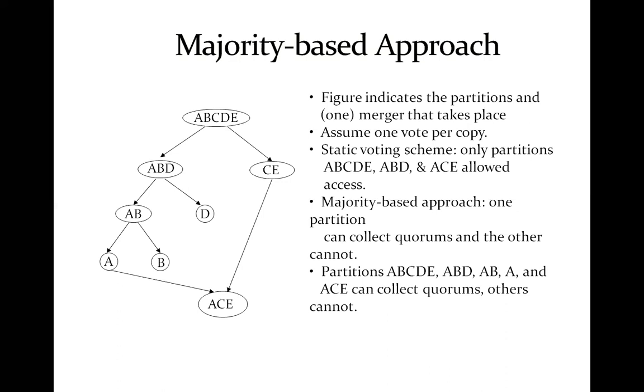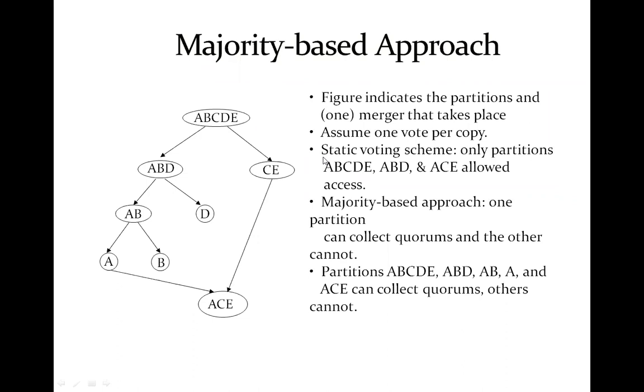Now the initial single partition is fragmented into two parts, A, B, D and C, E. Later on, D is isolated from A, B, D, and further B is isolated from A, B. And later on, site A and the site C, E are merged together to form a single partition, the A, C, E partition, which is going to allow access of the data, assuming that each copy available at these sites has a single vote.